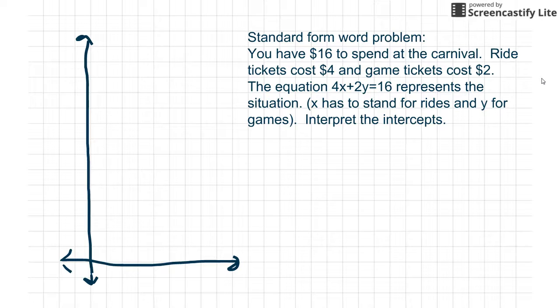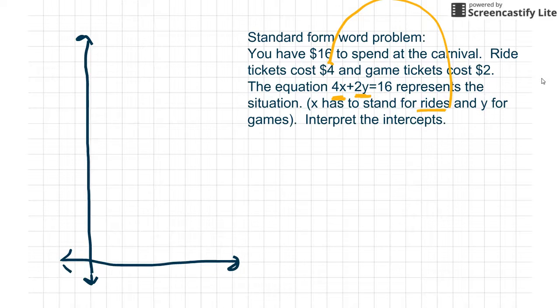Okay, so the last thing you're going to have to do is to be able to interpret a word problem. So I've given you a word problem here, and it says you have $16 to spend at the carnival. Ride tickets are $4, and game tickets are $2. The equation 4x plus 2y equals 16 represents the situation. And then you can see here in parentheses, it says x has to stand for rides.